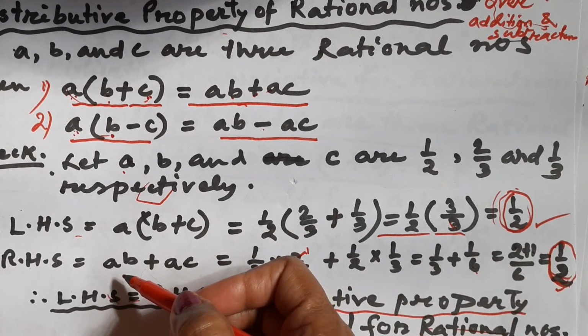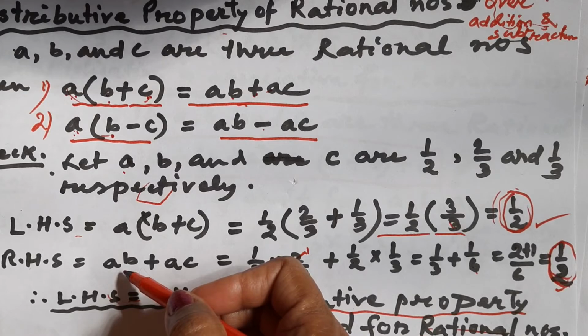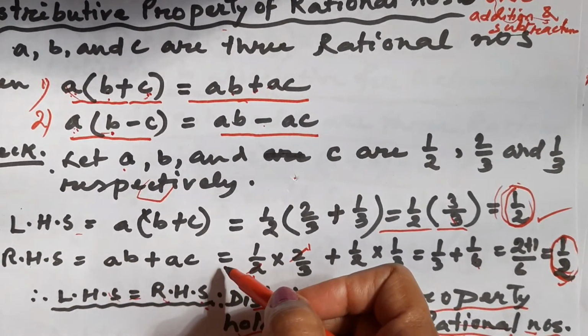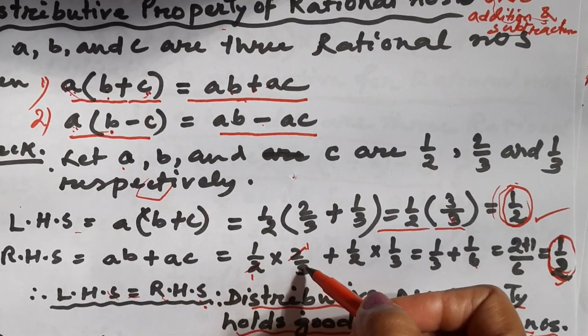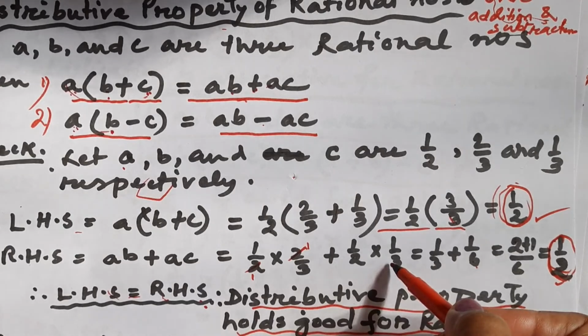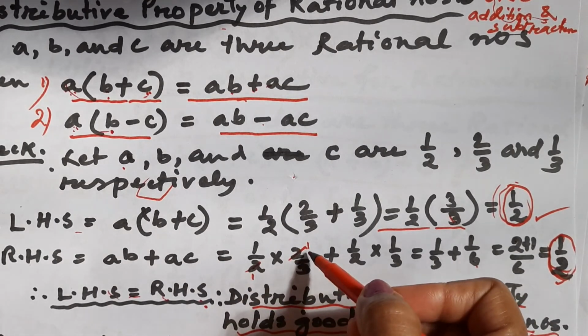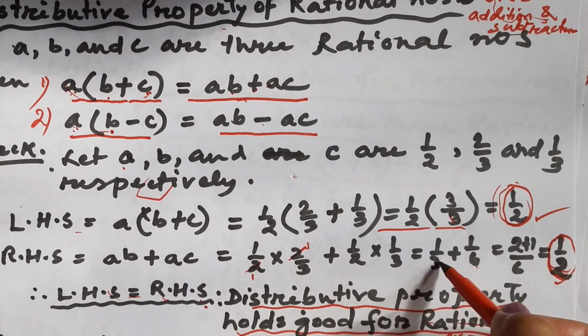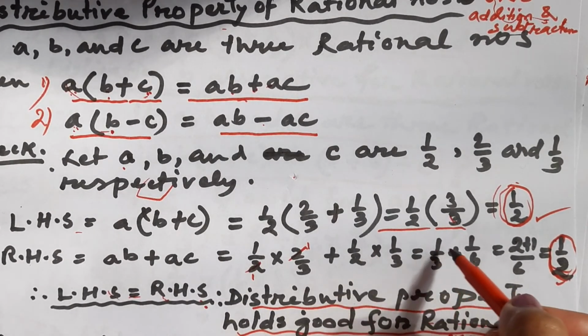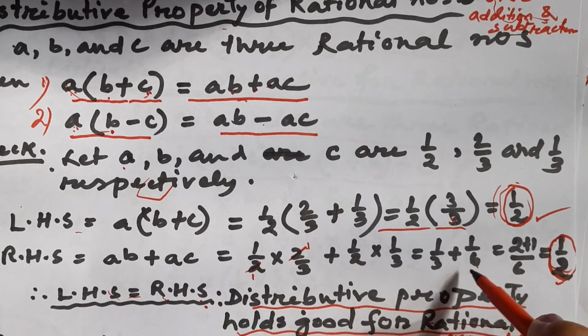Again AB plus AC, that is right hand side, will be equal to half into 2 by 3 plus half into 1 by 3. So 2 2 will cancel each other and it will be 1/3 only. And again here 2 3s are 6 and 1 1s are 1. So it will be 1 by 6.